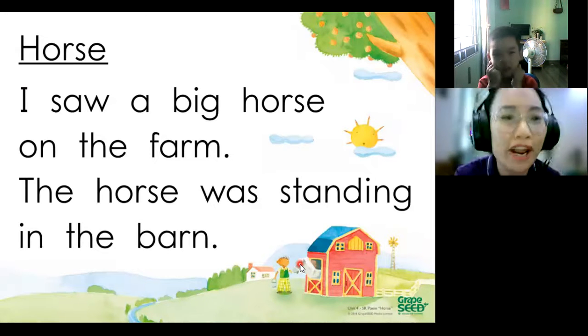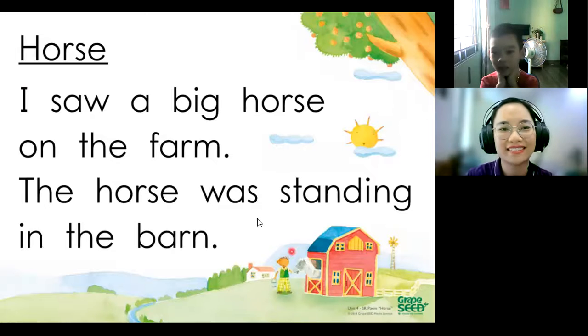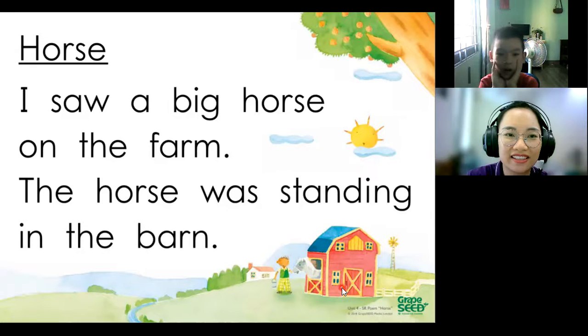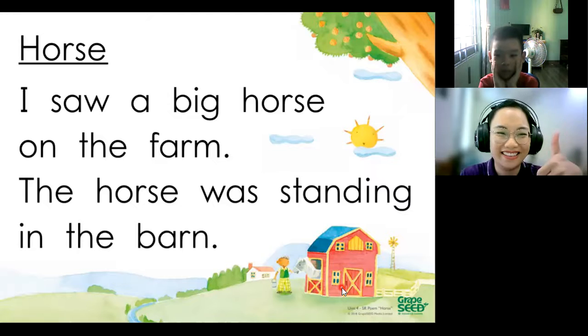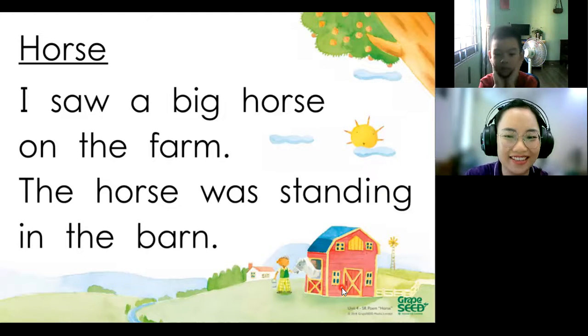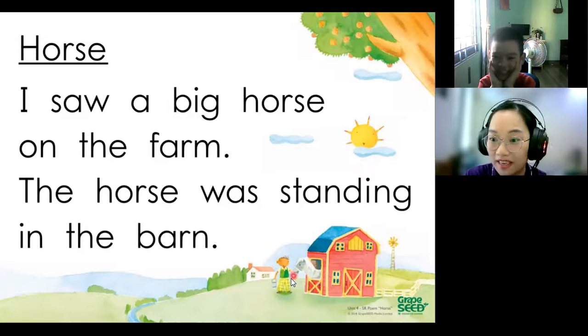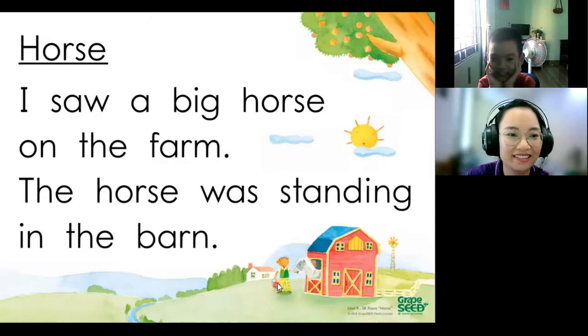And where is the barn? The barn is on the farm. Excellent. Can you see a farmer? Yes, I see a farmer too. Good job.